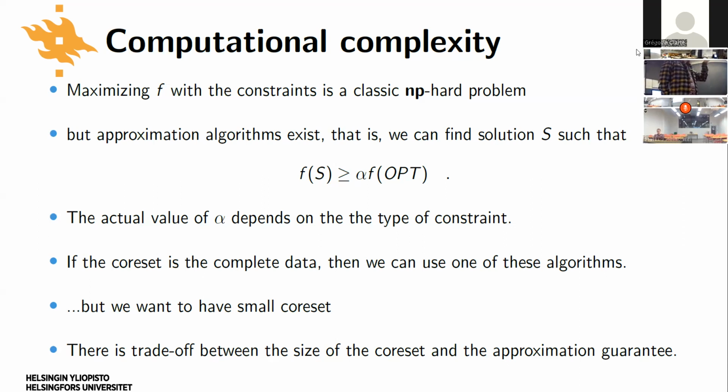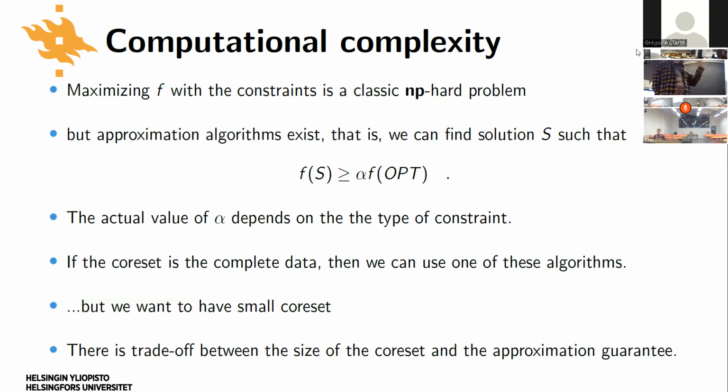If the coreset is the complete data, if we just return the whole data, then, but that's not what we're trying to do. We're trying to find some small set, and there's a trade-off between how small the set can be and how good an approximation ratio we can get.